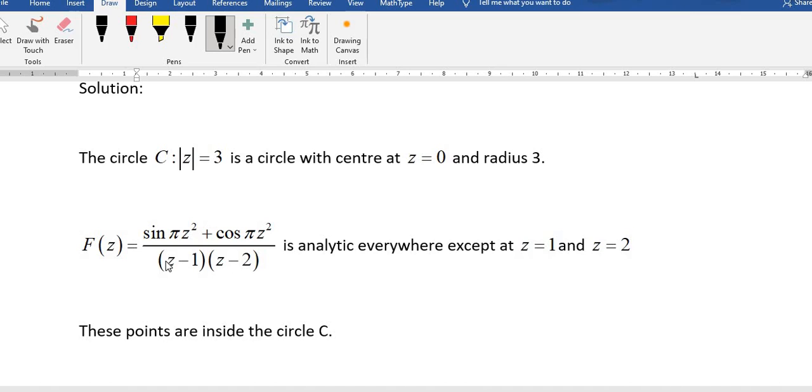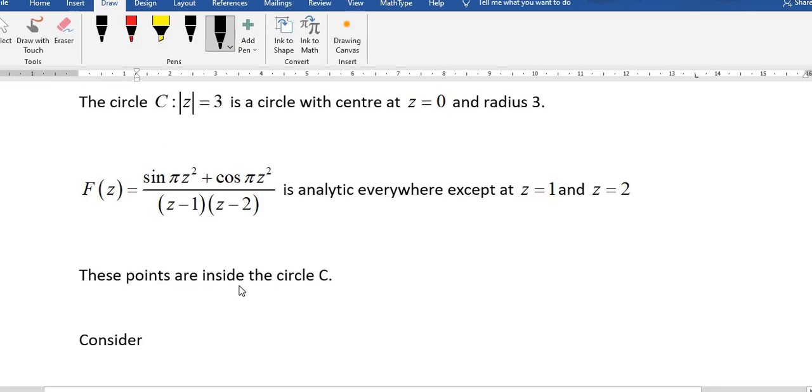Anything by 0 means infinity, at that time also f of z value is infinity. So this f of z is analytic everywhere except at z equal to 1, z equal to 2. So these points lie inside C.